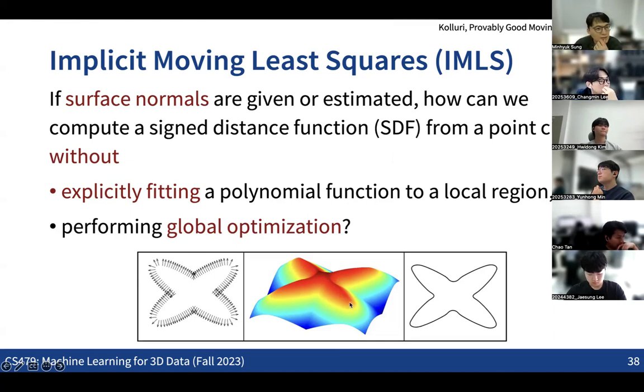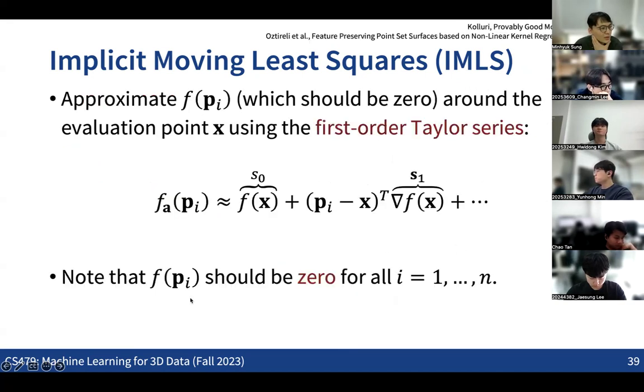Okay. So here the idea is similar to the moving least squares, but with some differences. Now we are finding a function in which we are approximating the value at p_i, right?